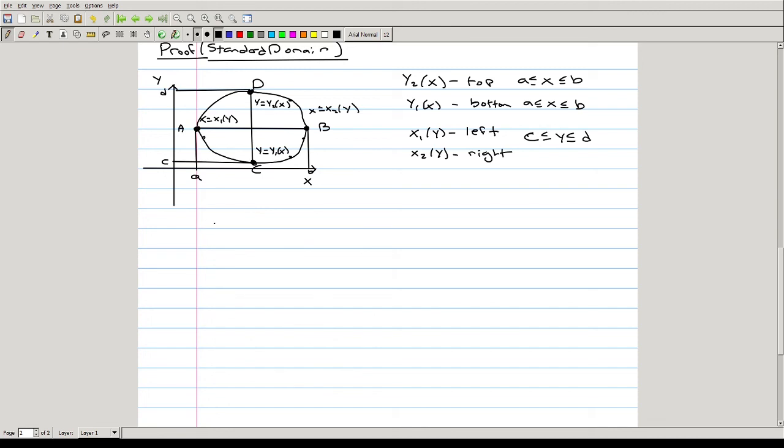So we can think of the boundary curve of this region. The entire region right here is the region R for this simple domain.